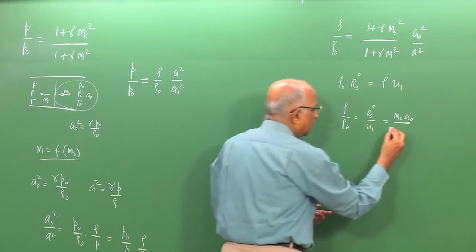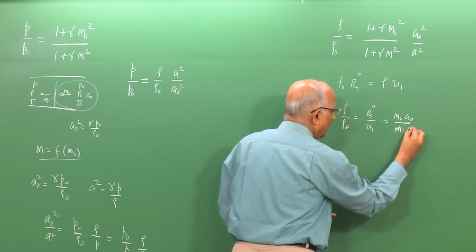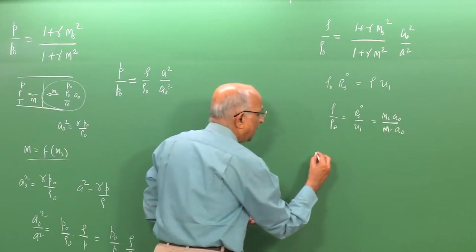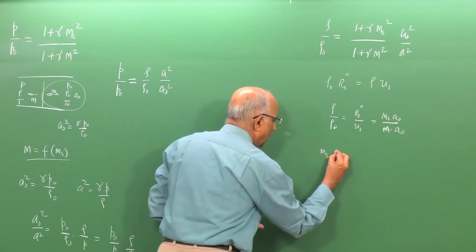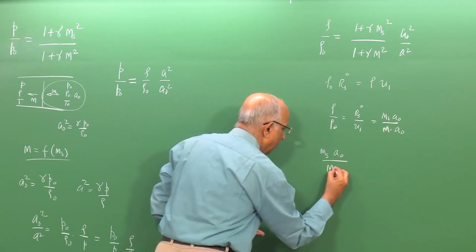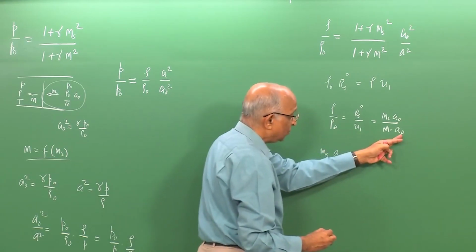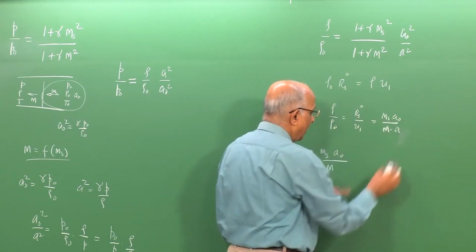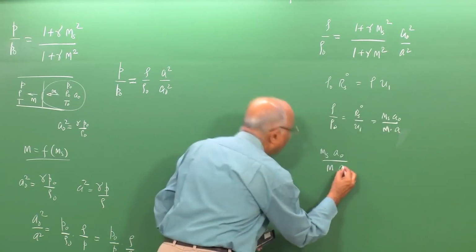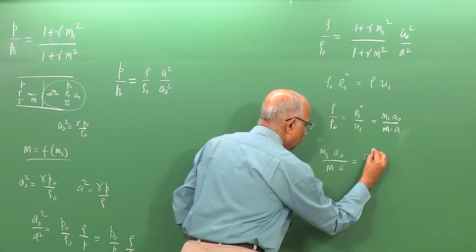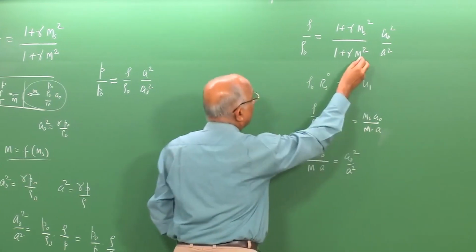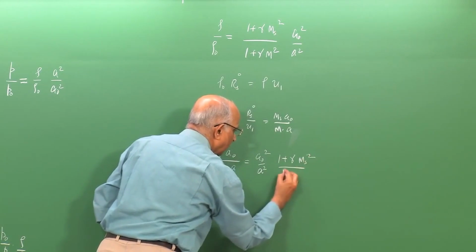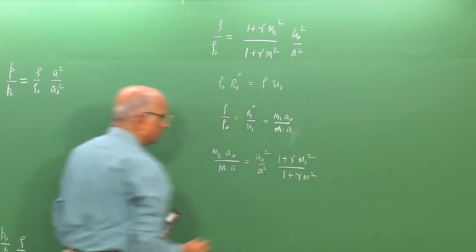This is equal to u1, which is equal to M into A. Therefore, substituting this value over here, I get Ms into A0 divided by M into A. Mind you, this should not have been A0, it should have been A, because the sound speed behind the shock is A. M into A over here is equal to A0 square divided by A square from this equation into (1 plus gamma Ms square) divided by (1 plus gamma M square).